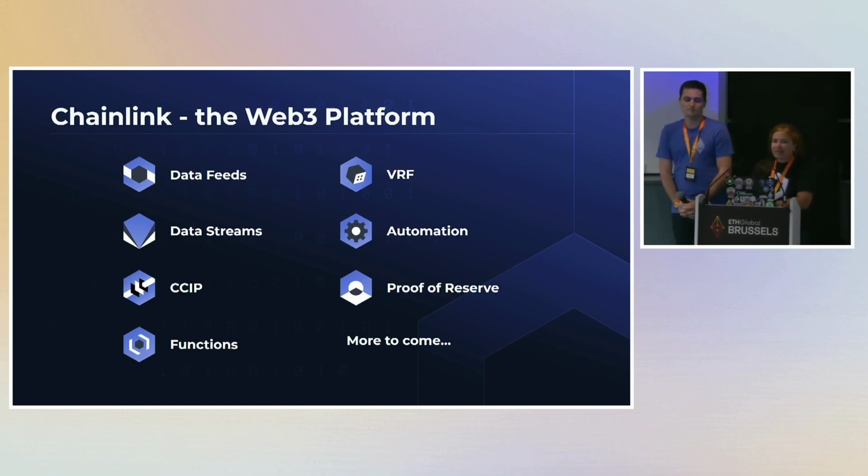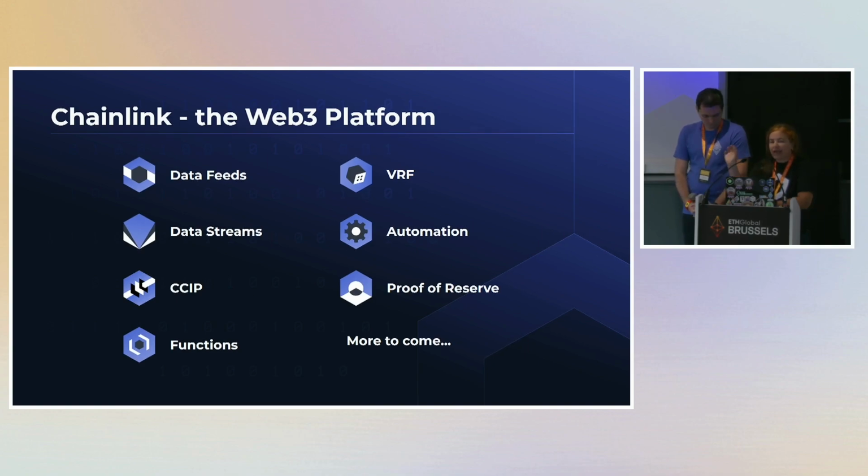The other services that are not related to data, for example, VRF, can be used to generate random numbers. Also, you can use Automation to call any function inside your smart contract with rules that you define. You can define the conditions, or it can be called every day, hour or minute, or even related to some log.